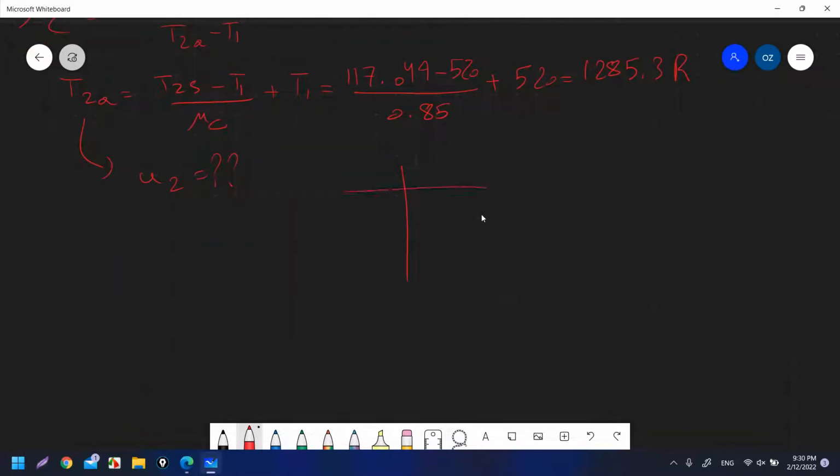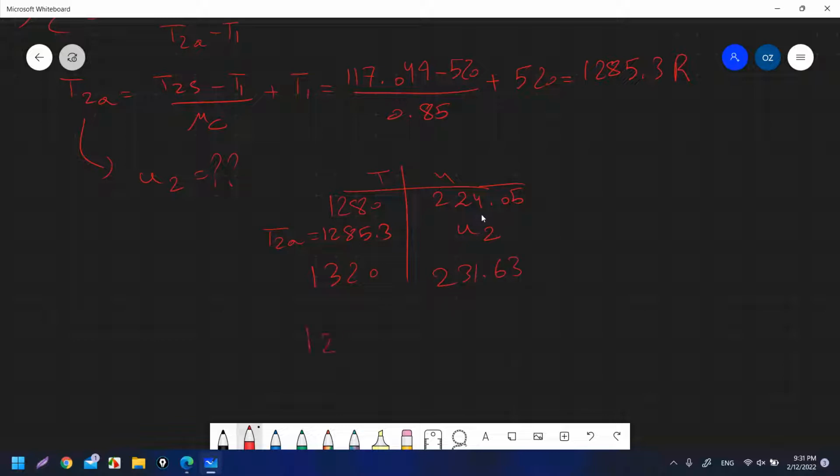So between T and U, 1280, my T2A is equal to 1285.3, and this one is 1320, 224.05. U2, I want to find U2, 231.63.